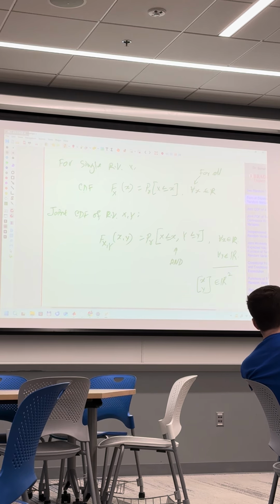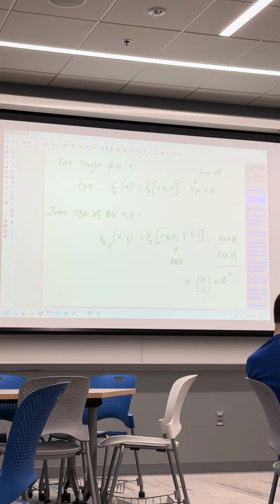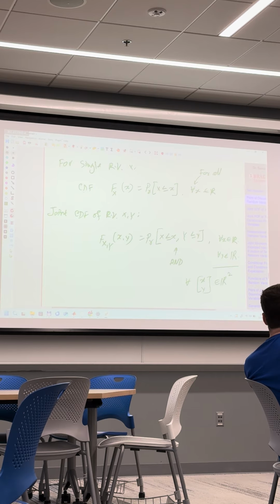It's a real line, but in two dimensions, so I wrote it in vector form. This is also fine: for all (x, y), a column vector, taking values from the two-dimensional plane. So this is the main difference. The math part is not hard. It is just the notation and how you make use of it. That's all.